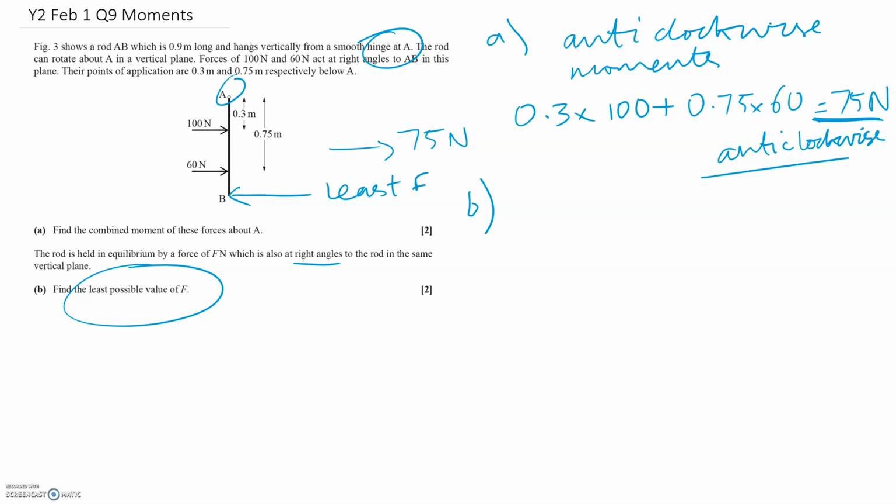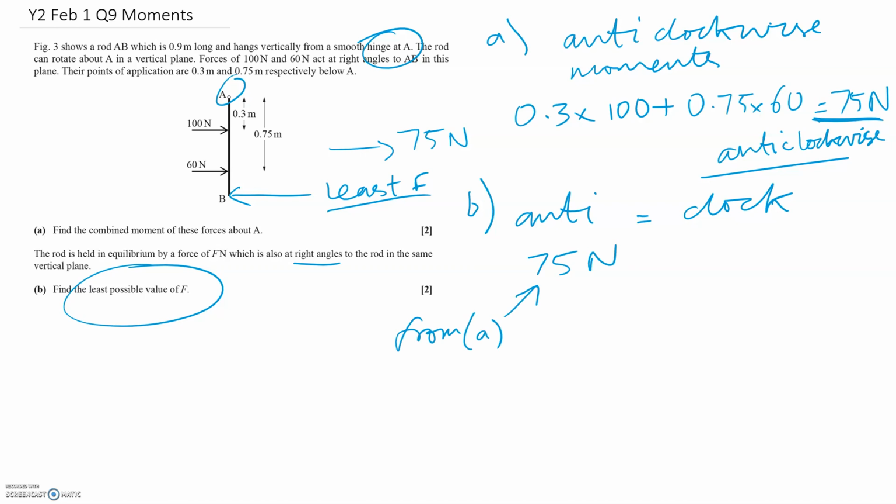So in B, we want to work out what the least value of F is for the anti-clockwise forces to balance the clockwise forces. Now we've already worked out that the anti-clockwise forces are 75 newtons, so we did that in part A. The clockwise forces are going to be, what's this distance here? Does it tell us what this distance here is?